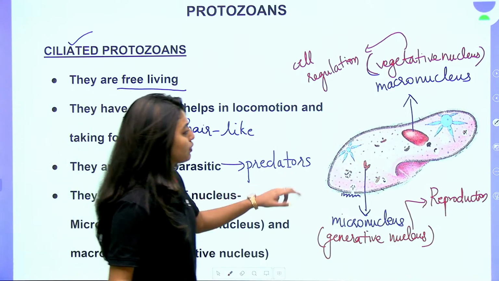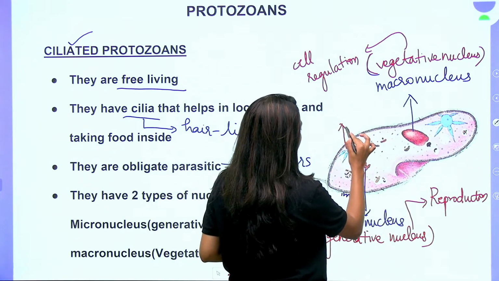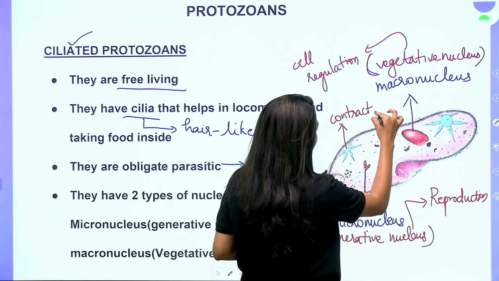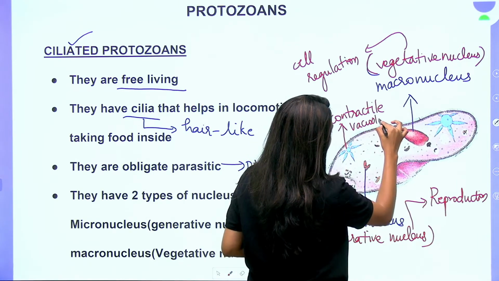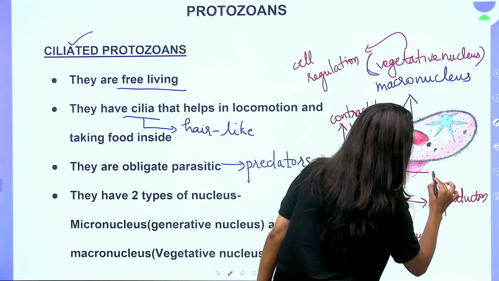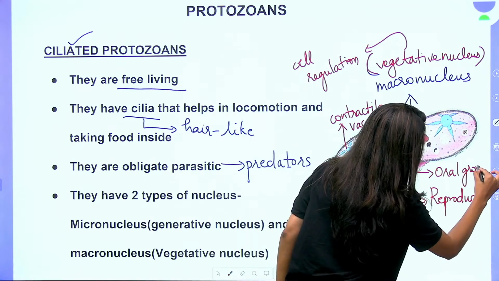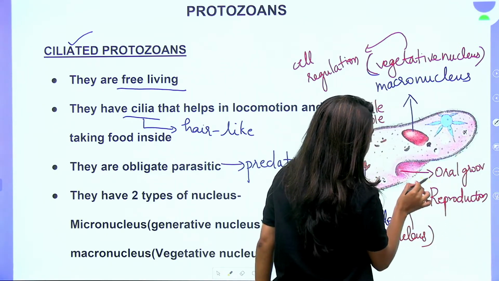So, they have two types of nucleus. Now, look here. This is your contractile vacuole, which looks like a sunflower, whatever you want to say, okay, contractile vacuole. This is your oral groove. Now, the oral groove is where all these particles will be taken in.